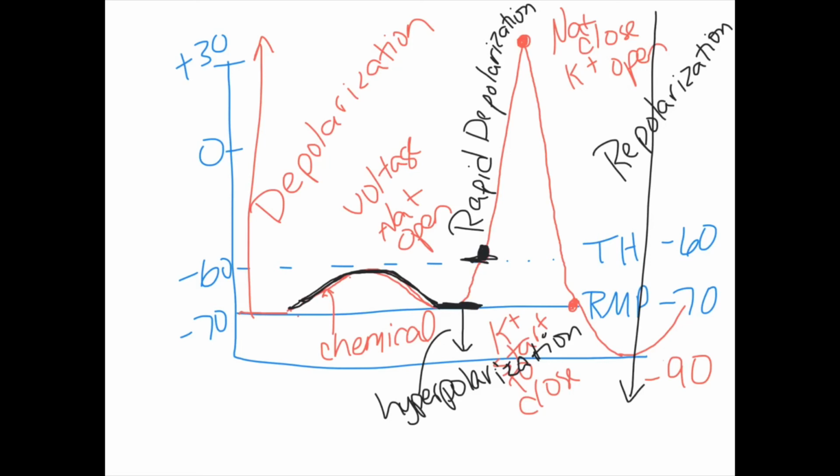It happens very fast because there are a lot of those potassium gated channels. So you can call it rapid repolarization, but most of the time it's just called repolarization.